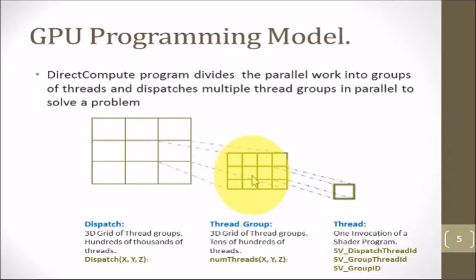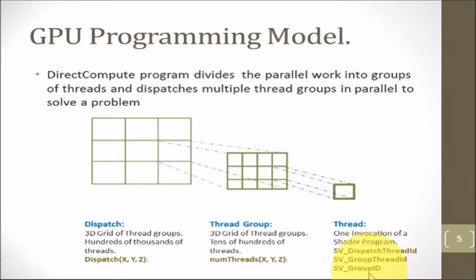So a thread having ID of 1, 1, which is this cell, will have the same ID in the other thread groups. So the group thread ID is unique only within a thread group.